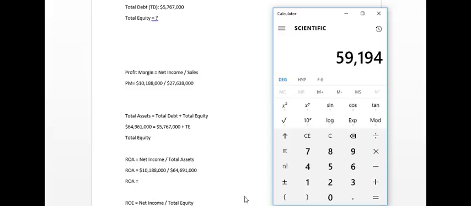And now I'm going to add back the numbers. So my total assets, my total equity is 59,194,000. And you can see how it's going to look as I'm typing it in now.